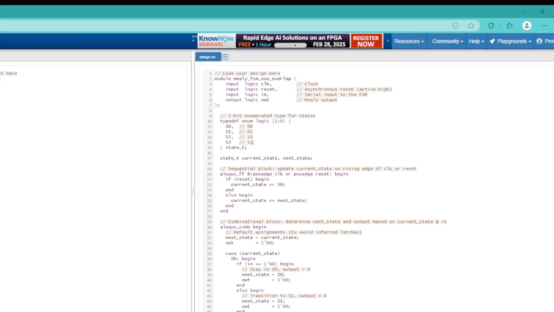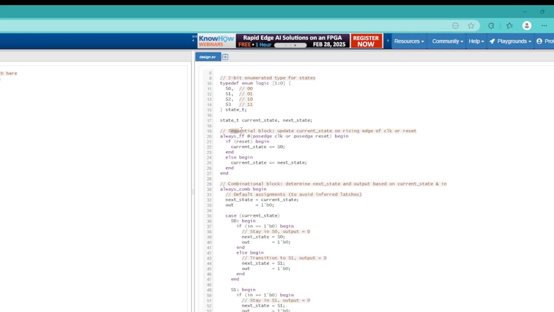Sequential logic, always_ff. Triggered on the rising edge of CLK or when reset is asserted. If reset is high, we force the FSM into the initial state S0. Otherwise, the FSM transitions to whatever next_state is determined by the combinational logic.